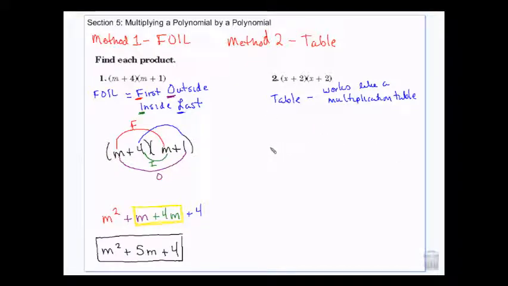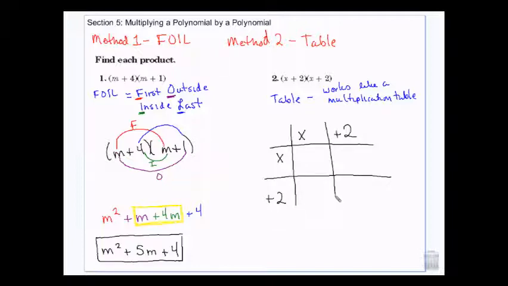What you'll do is you'll make like a T, and whatever's in one parenthesis, you write across the top and leave a little bit of space. And whatever's in the other parenthesis, you write down the side and leave a little bit of space. And you put the plus or the minus with the number part. Draw a line here and here, and now you have a table.